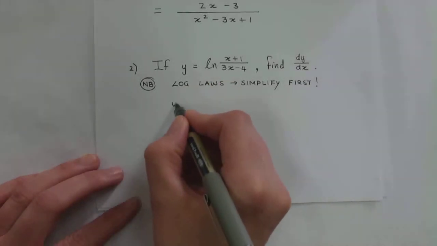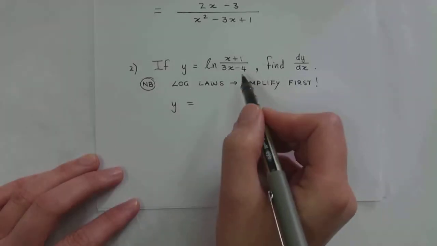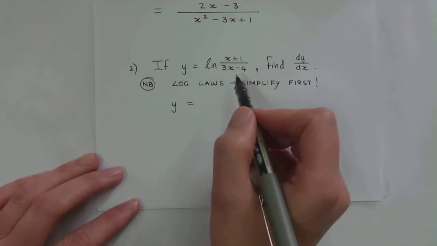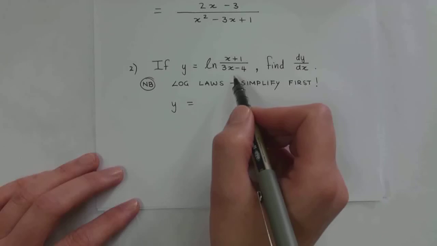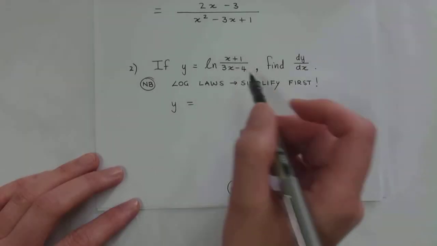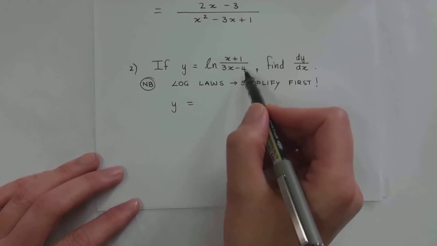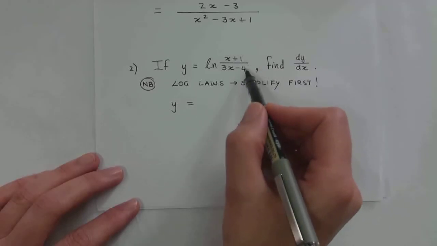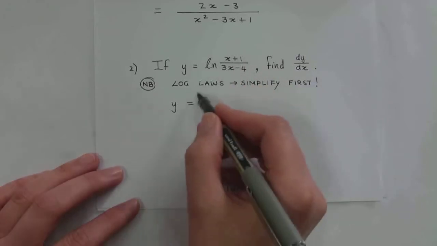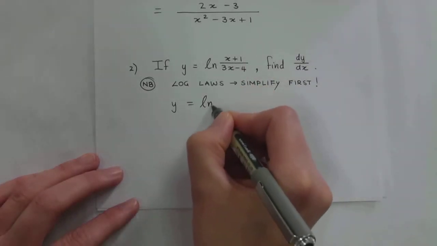So please note this is still y. I'm now just using the log laws to expand this. In the video when we discussed e to the power of x and the log laws, we said if I have a single log where I divide two values or functions, then I make it into two logarithms with the same base.